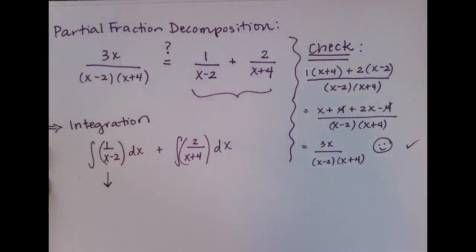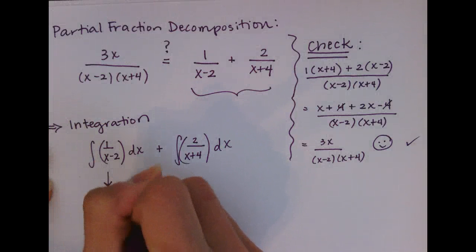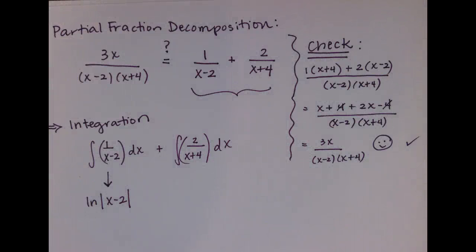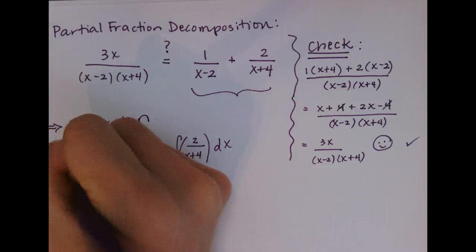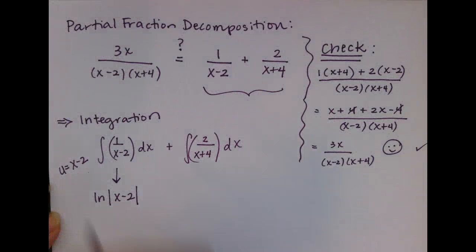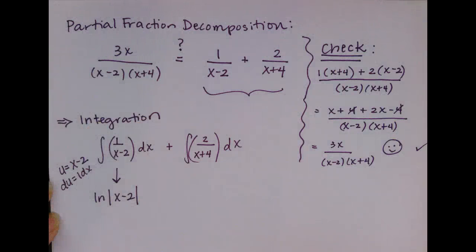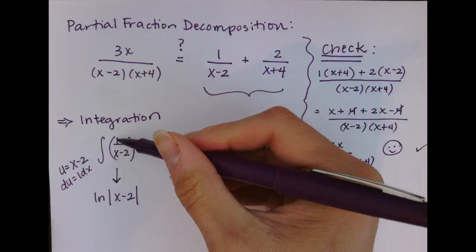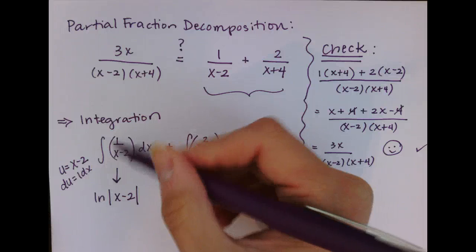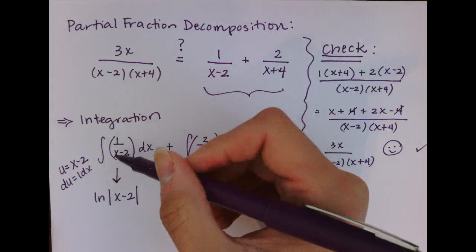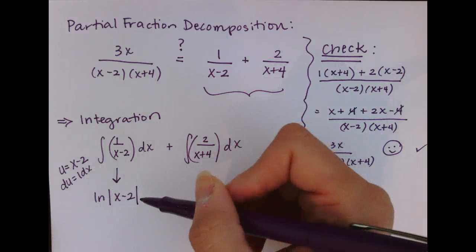So if I integrate this first piece, it's going to be the natural log of absolute value of x minus 2. You might do a u substitution here, where you're letting u equal x minus 2, and then du equals 1 dx, so that you're really integrating 1 over u du, and 1 over u is the same thing as u to the negative 1, whose antiderivative is the natural log.